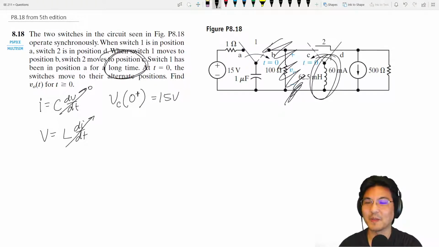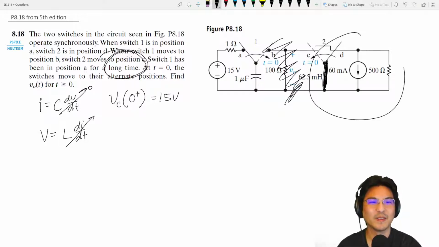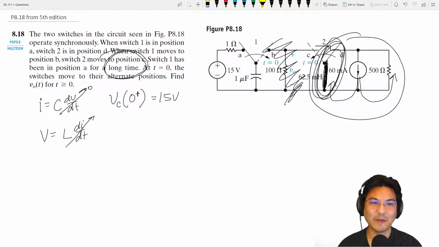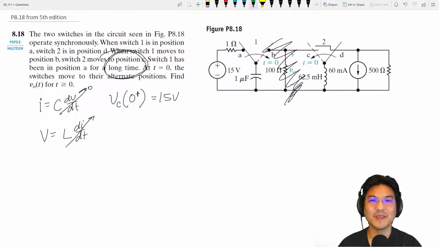So the time derivative of a constant is 0. So the voltage across the inductor is 0, which is the same thing as saying it's a short. It's like a wire. If this side is a short, all of the current is going to go that way, and the resistor gets none of it. So all 60 milliamps goes this way, up.